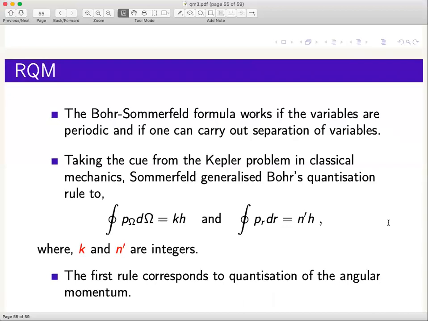When you are trying to solve a problem like the three-dimensional harmonic oscillator or a hydrogen atom, they satisfy both these conditions. So you would expect the Bohr-Sommerfeld formula to do a good job of describing the system.